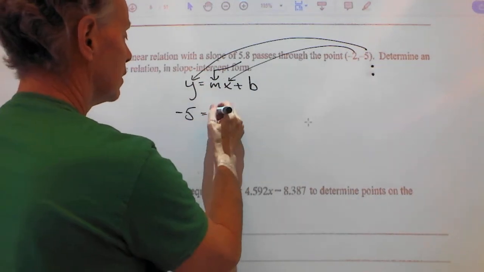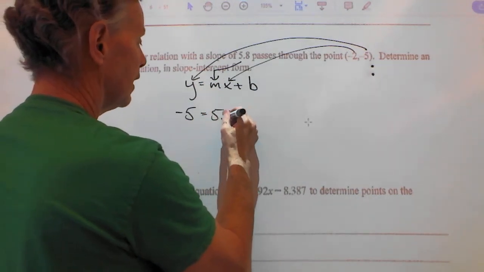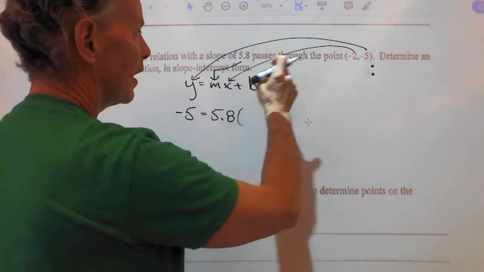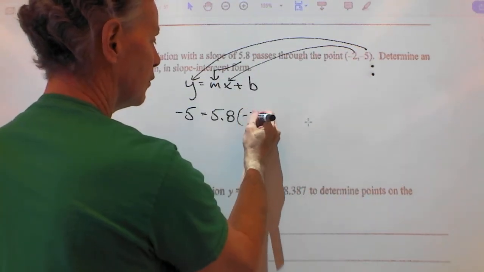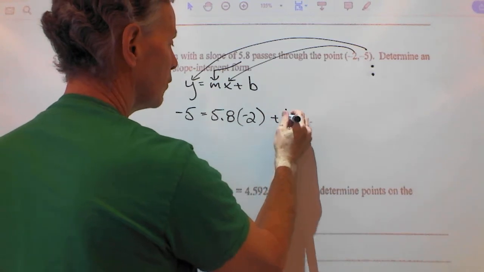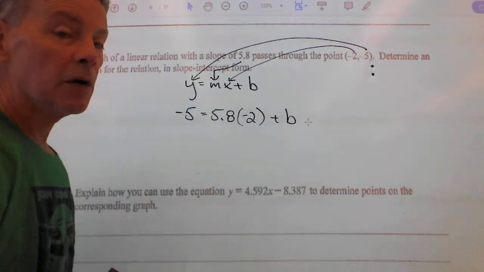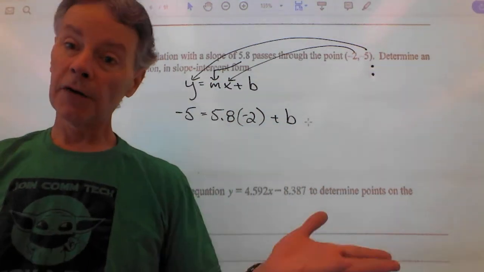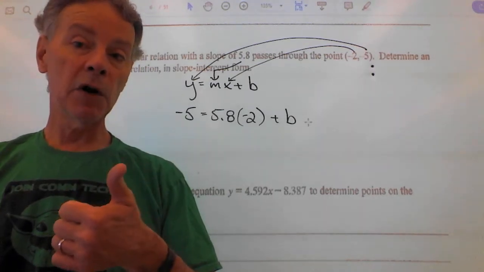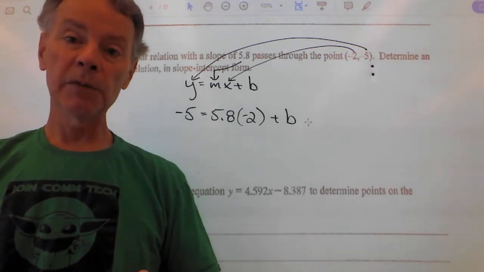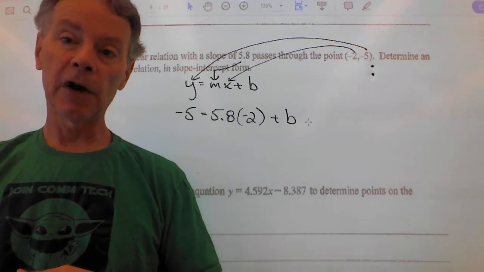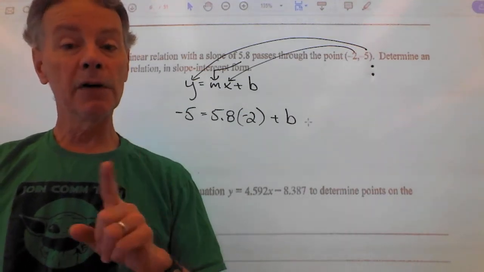Instead of m, it's 5.8, and instead of x, we sub in -2, and we're left with an equation that only has one variable. Awesome. If we only have one variable, all we have to do is simplify the equation and we can get a value for b. I'm just going to grab my calculator.